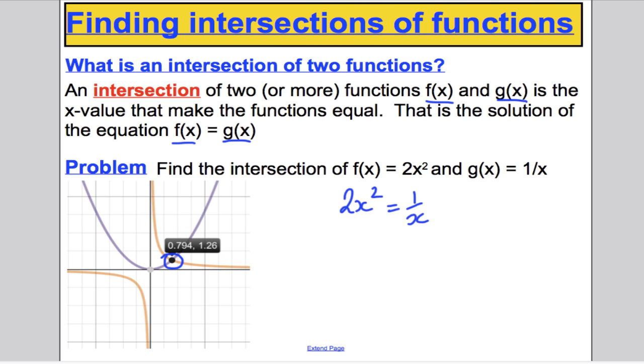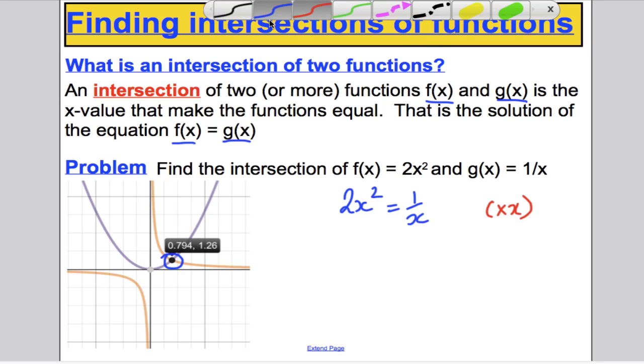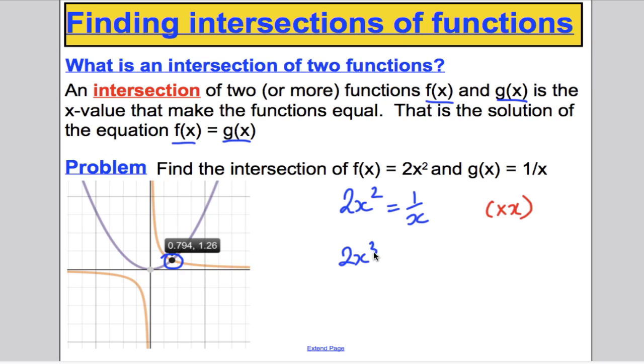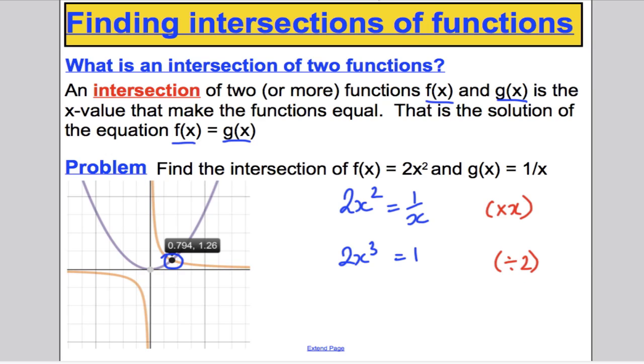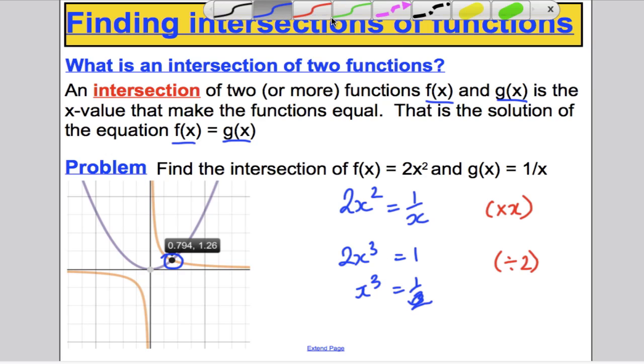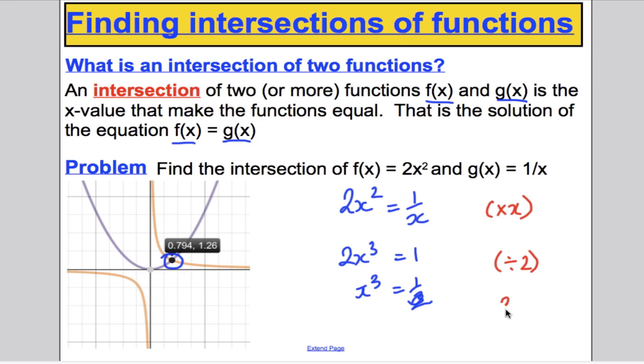Now, algebraically, it just so happens we can actually do this one. If we were trying to solve this, we would multiply both sides by x, and so we would get 2x cubed equals 1. Then we would divide by 2, and we would get x cubed equals a half. And then we would cube root both sides, and we would get that x is equal to the cube root of a half.